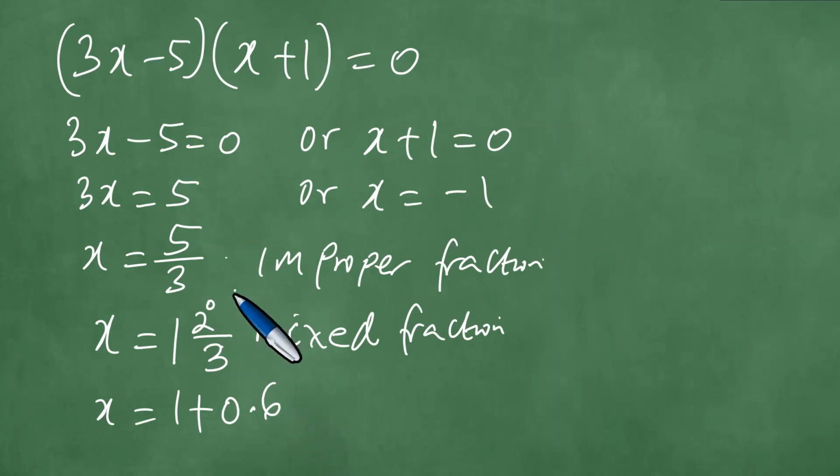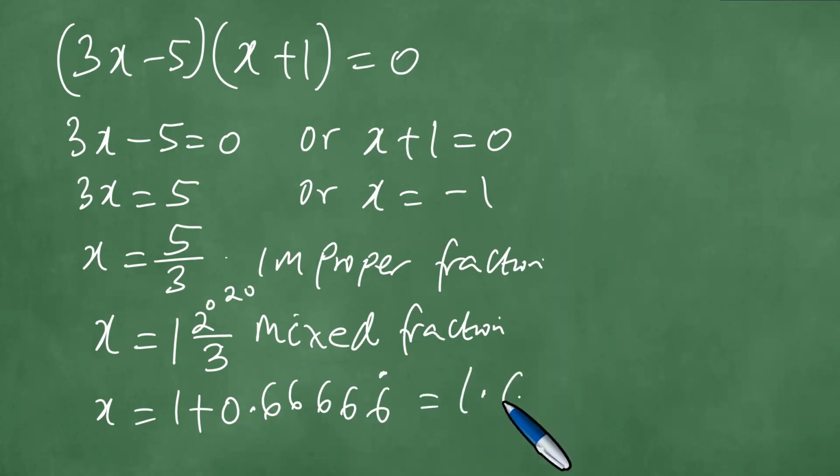And then you're still left with 2, 0. So in the end, this is 1.67 approximately. That's why the calculator gives that.